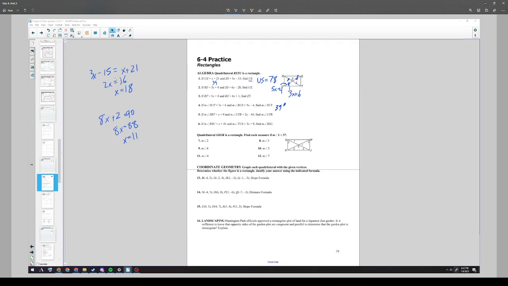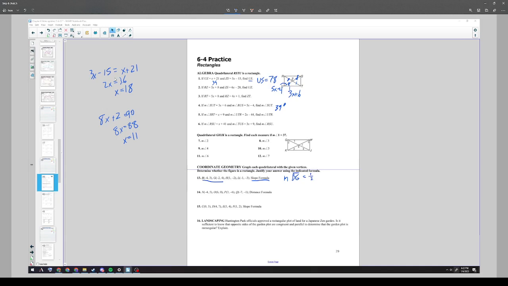Next, graphing a rectangle, determining from coordinates if it's a rectangle. You're going to do something similar to what we did for proving parallelograms, but then there's one extra step. With the slope formula, we needed the slope of BG. We go plus 1 in y and plus 2 in x, so that's going to be a half.